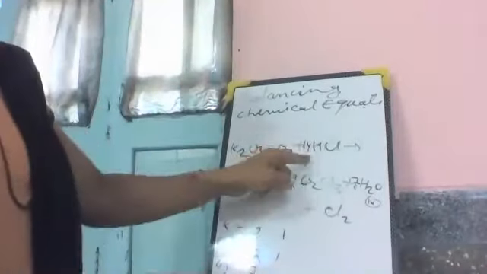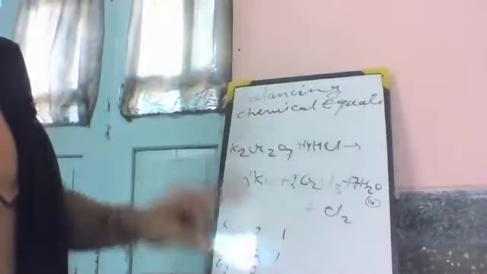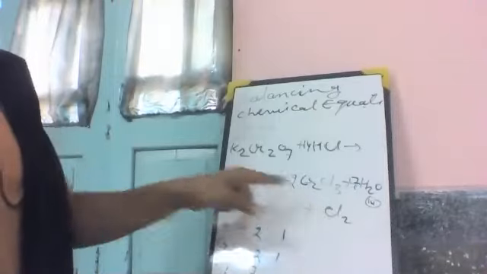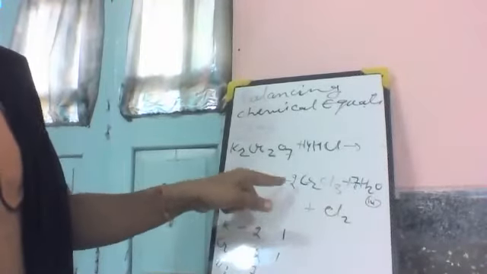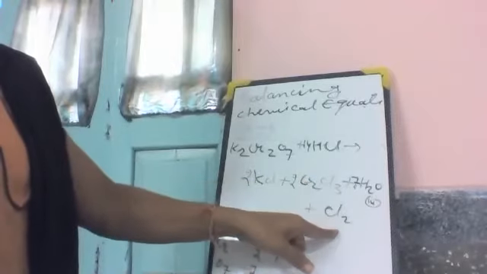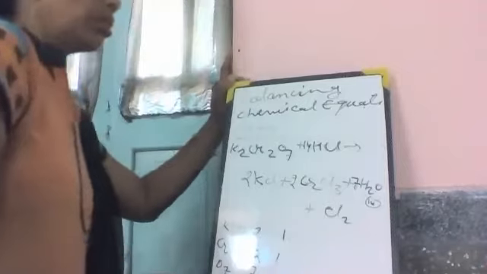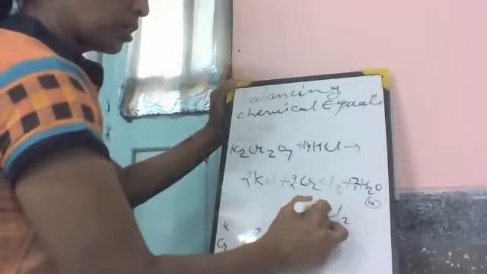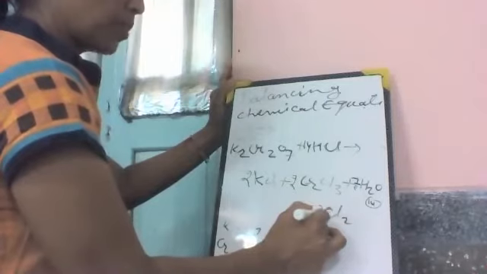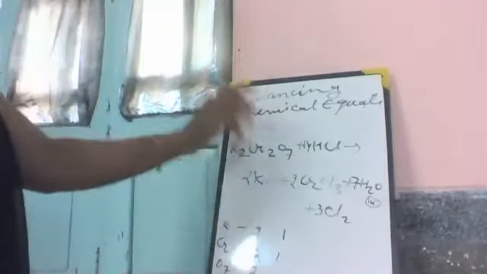And due to this, the number of chlorine also becomes 14. And we have here 10 atoms of chlorine. The remaining is 4, so we multiply chlorine by 3 to get 14.